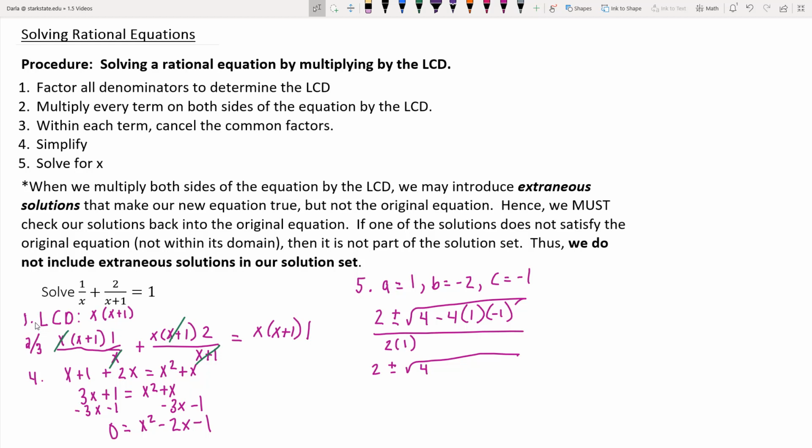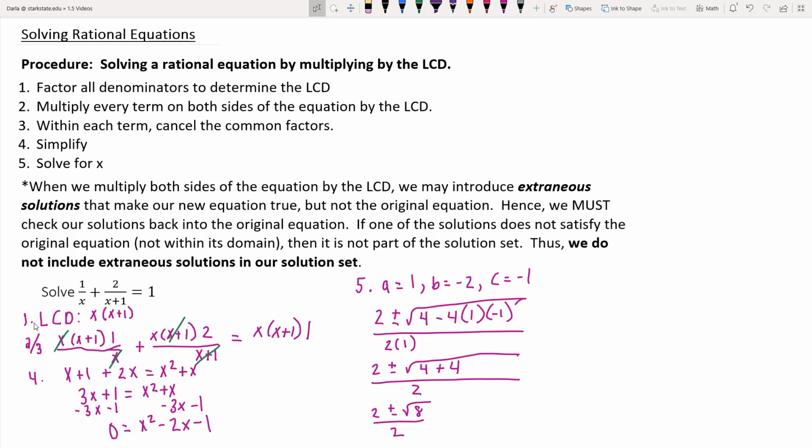You have 4, and then what I do is I go ahead and just take all of these and multiply them together. Negative 4 times 1 times negative 1 is going to be positive 4, all over 2. But that's just 2 plus or minus the square root of 8 over 2.